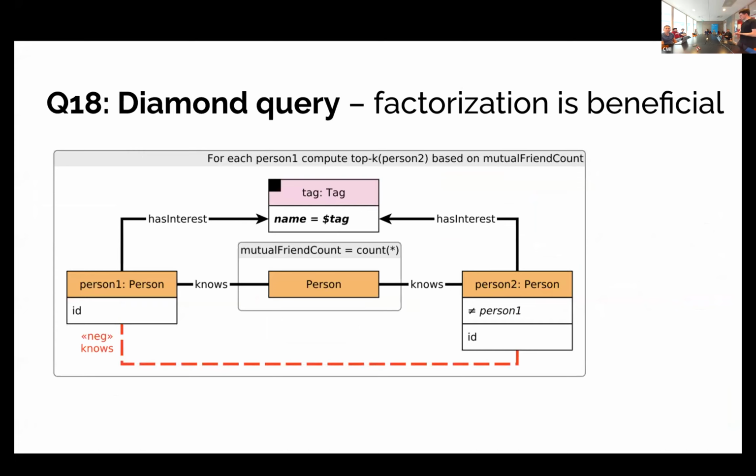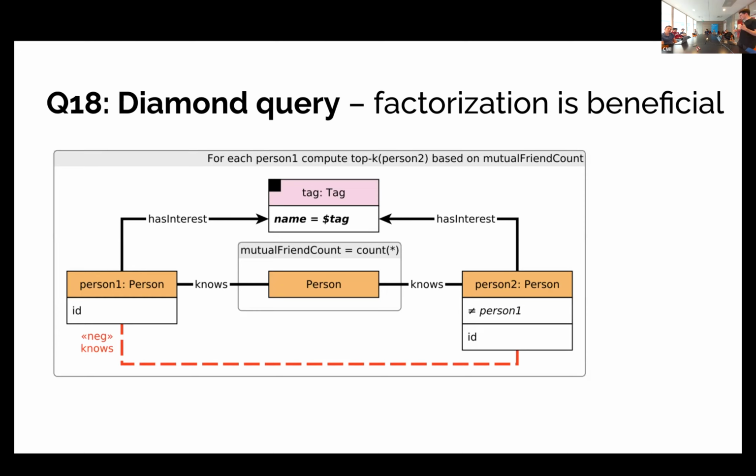Next is another query which triggers the factorized representation technique that is also quite novel. This is based on the Twitter Who to Follow paper, which says that we should do diamond-shaped queries to say that you should follow person 1, should follow this other person 2, because you share an interest and also have many mutual friends, making it likely that you will find what the other person posts interesting.